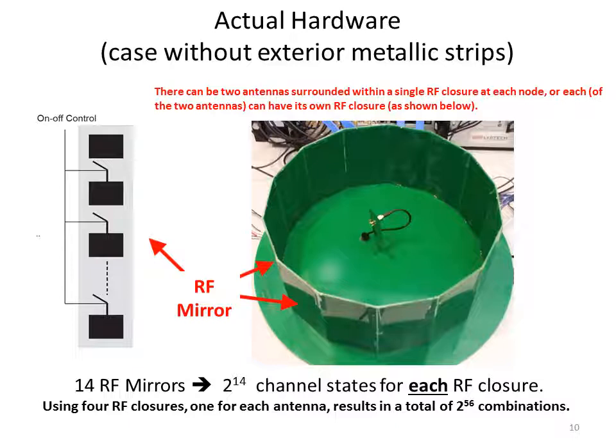In another state, the RF signal that hits this wall will move out, and it is as if the wall is transparent. So we have an RF mirror, an RF reflector, which is controllable.